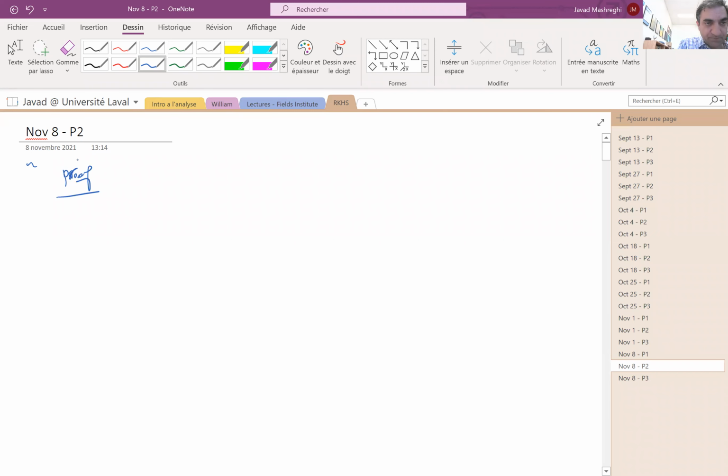So let's go with the proof which is provided in the book. Our goal is to show that the matrix Pij minus Pik Pkj divided by Pkk is positive. But recall that by assumption Pkk is strictly positive.